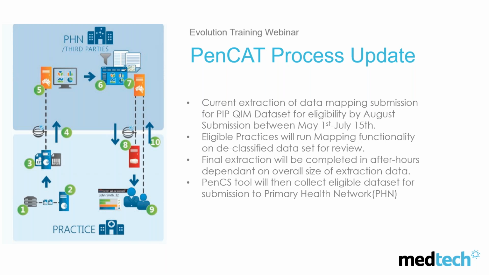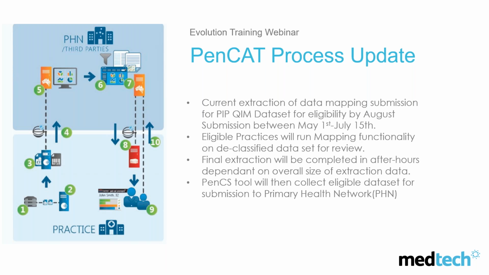Relating to this, the first component is the date range that we need to make sure the submission to the PHN falls within. The next bit goes more into what Medtech are doing and what you need to do within Medtech. We're going to go through how to do the mapping for certain components and extraction. That's the first portion.